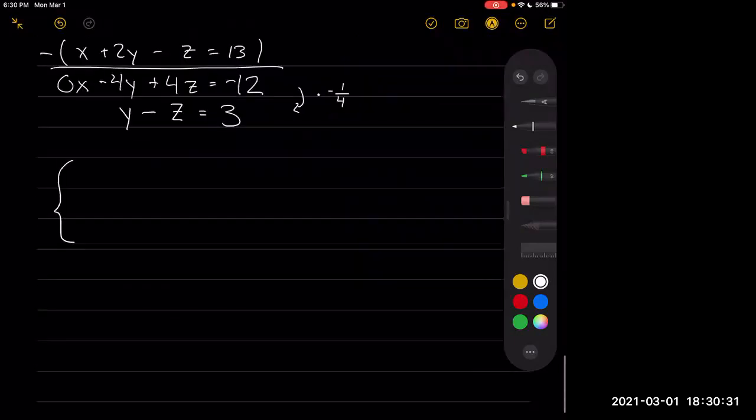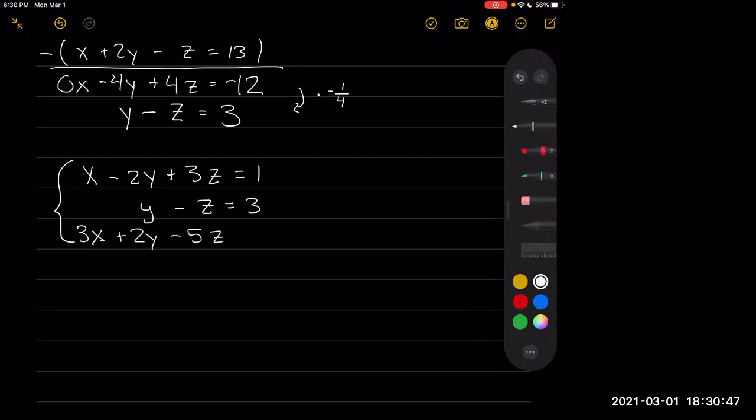So we're going to have x minus 2y plus 3z equals 1, and then our y minus z equals 3, and then we didn't do anything to equation 3, so right now it stays the same. Okay, so now we're going to eliminate the 3x in equation 3.